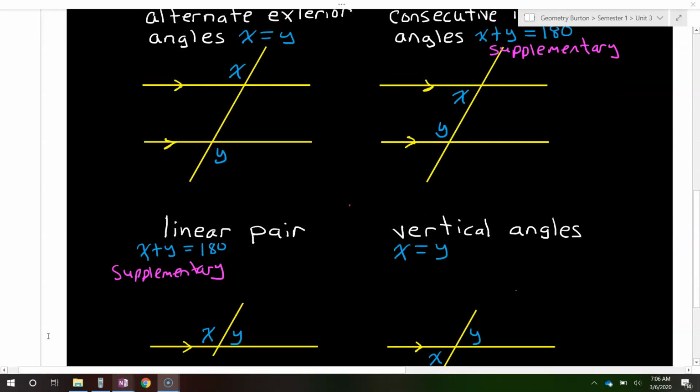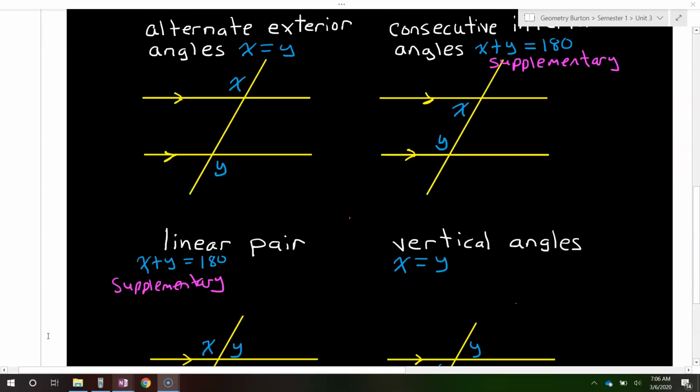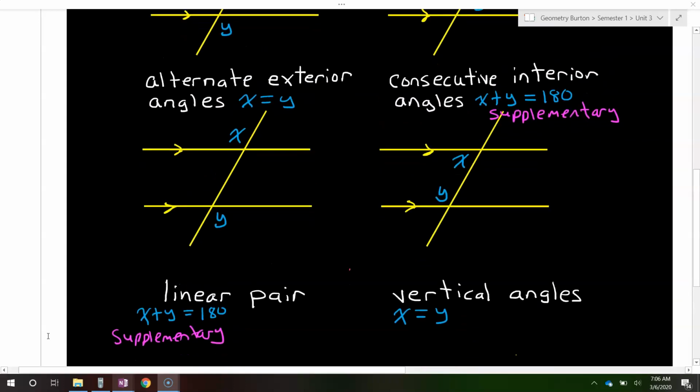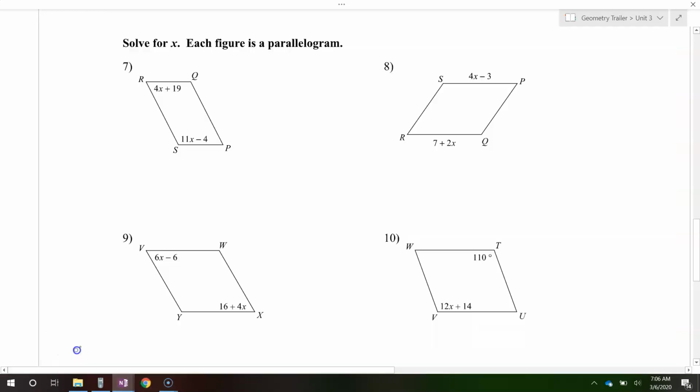The two supplementary ones are linear pair, which is obviously supplementary because they make a straight line, 180 degrees. And then consecutive interior angles, or same side interior angles. These are also supplementary on parallel lines. Everything else is congruent. Okay, I think that's enough information for us to get started.